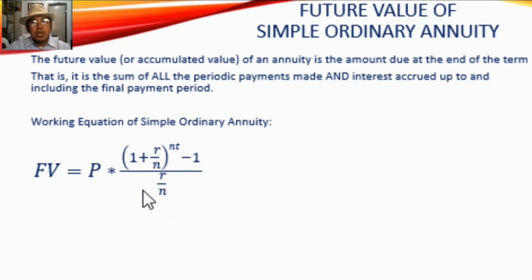So that is the working equation of the future value of a simple ordinary annuity.